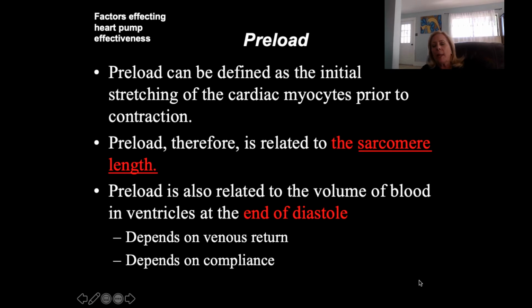Now, it also depends on compliance, and compliance is the stretchiness. So for this whole preload to occur, the stretching of those cardiac muscles, you have to have individual stretchy muscle cells, and that's not going to happen if those muscle cells are not healthy.